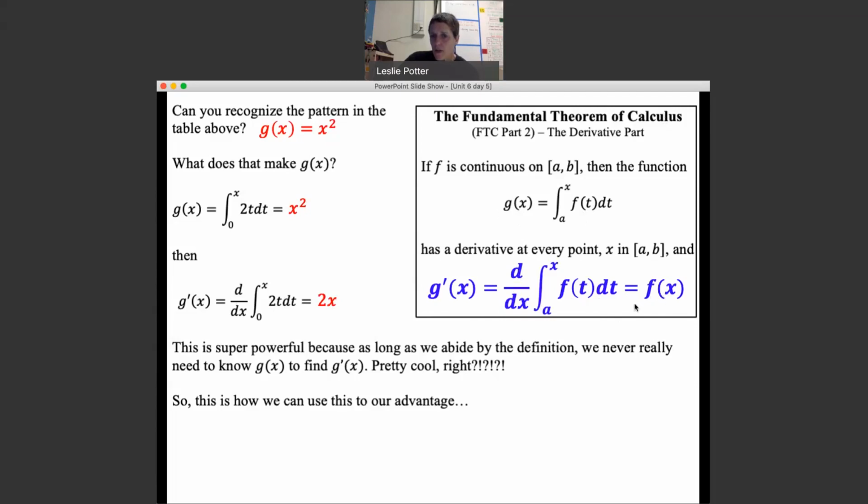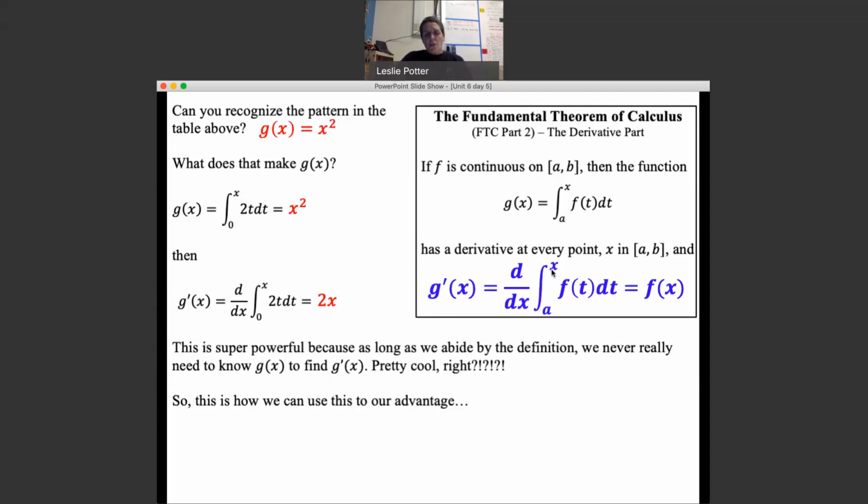Basically, we can accumulate, and then we can differentiate what we got, and we get back what we started with. We get back our rate of change with a variable change. And the reason we have that variable change is, if you remember back on the activity, we had a variable as the limit of integration. That allowed us to rewrite the accumulation function in terms of x instead of t. The idea is we're differentiating that accumulation function with respect to its new variable.